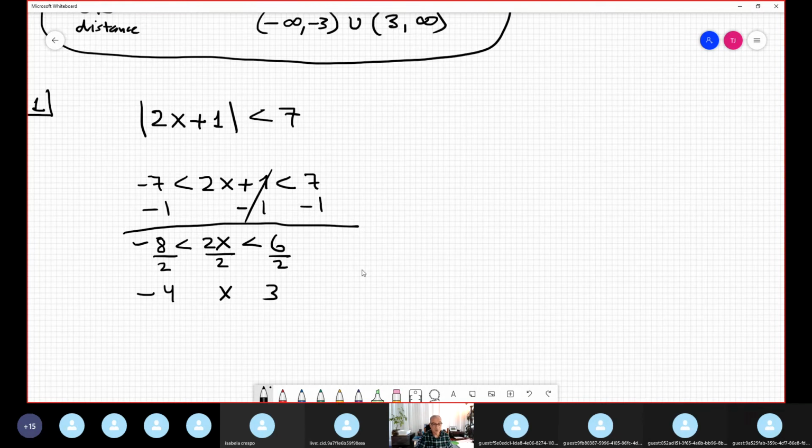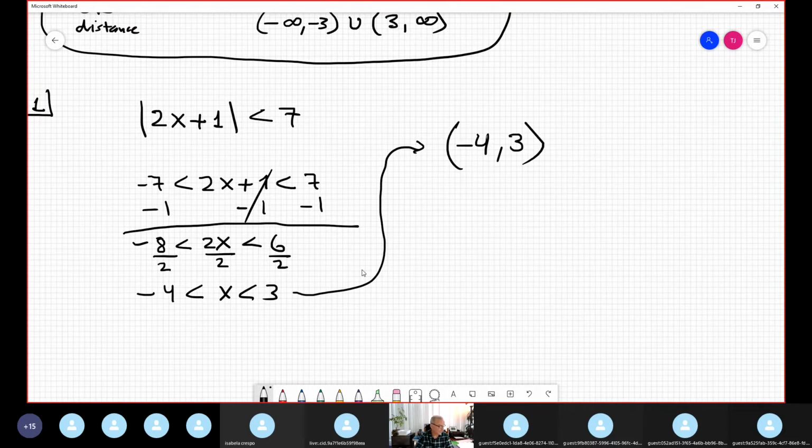The sign stays the same because you are dividing by a positive number. However, in the test, I ask you specifically: express your answer in interval notation. So it's parentheses, negative 4, 3. Boom, final answer. You follow me?